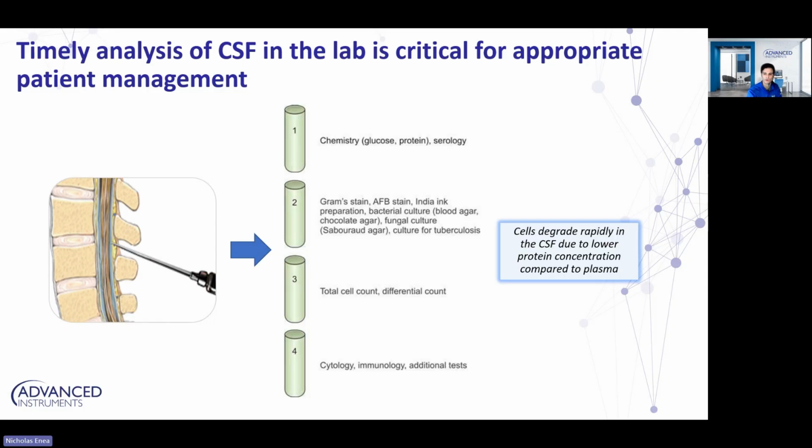Where the GloCyte really works is the 3rd tube, which is normally for total cell count, and then the 4th tube is for cytology and immunology. Now, these could vary depending on the hospital, but this is normally the threshold that we see from lab to lab as well. So timely analysis, once again, is very crucial. That's where we're going to talk about how GloCyte plays a role in a little bit too.